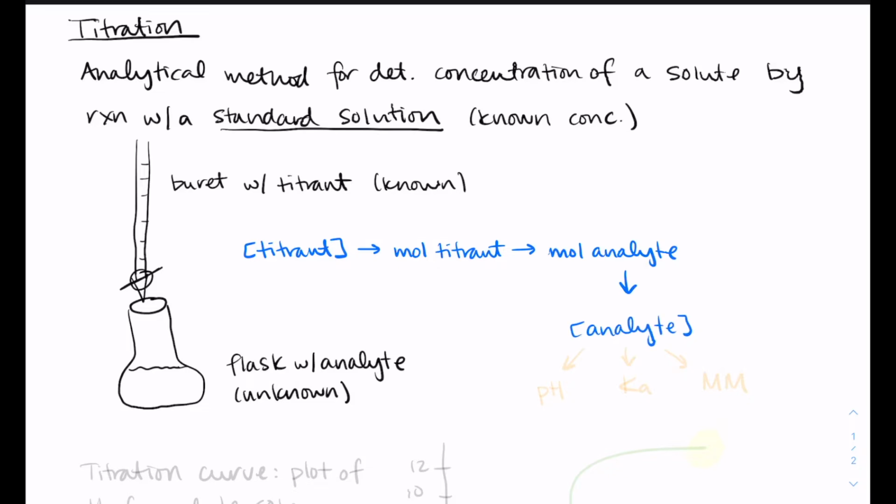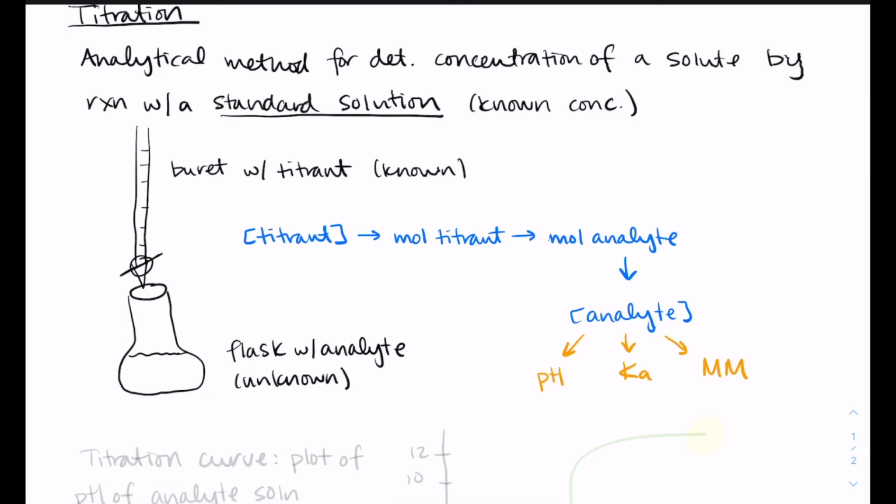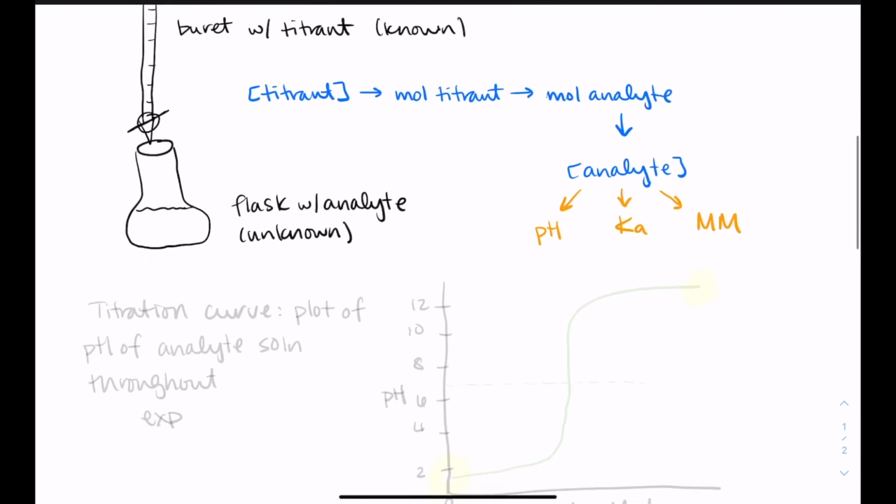You can find the moles of titrant that were added. The moles of titrant will tell you how many moles of analyte were in your flask. And if you knew a volume, you could do concentration of the analyte. When you have concentration of the analyte, you can find the pH, you could find the Ka, you could find the molar mass even. We can connect this to a ton of different information.